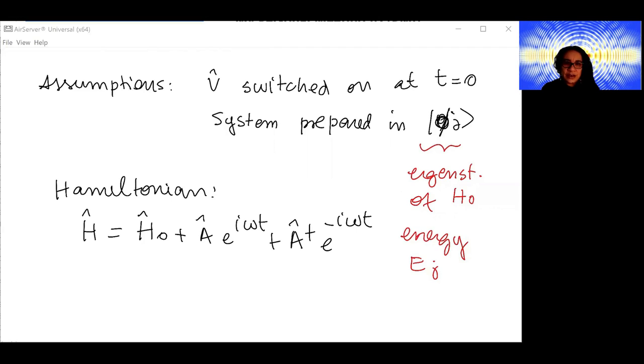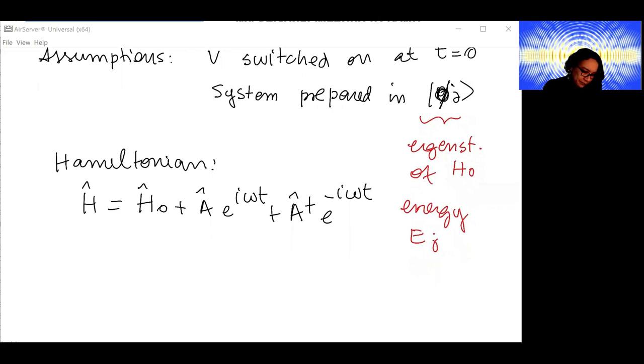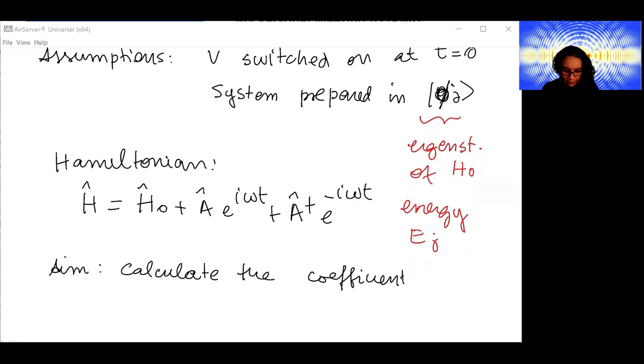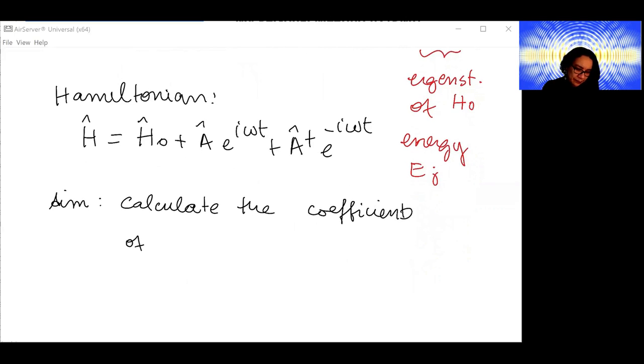So we have the perturbation and we have H naught, and we're going to use our results derived in the previous session. So we want to calculate the coefficients of the state, c_m(t) phi m.